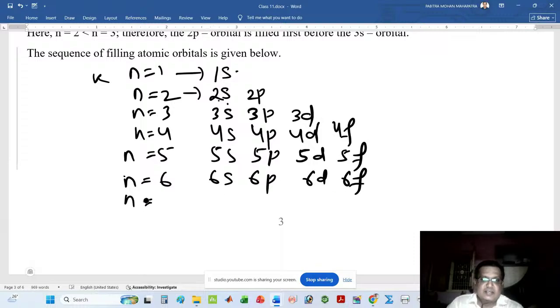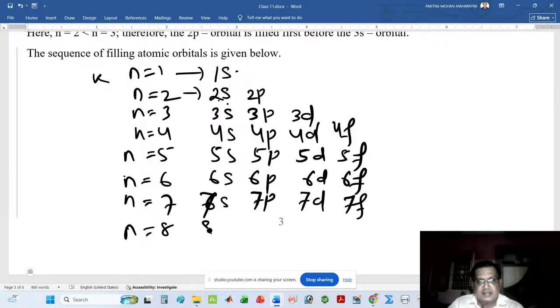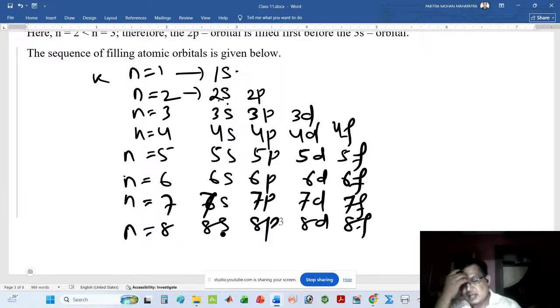If n is equal to 7, you can write 7s, 7p, 7d, 7f. If you like, you can think about n is equal to 8, 8s, 8p, 8d, 8f. You can write like this up to infinity. N is equal to 9, n is equal to 10, like this.